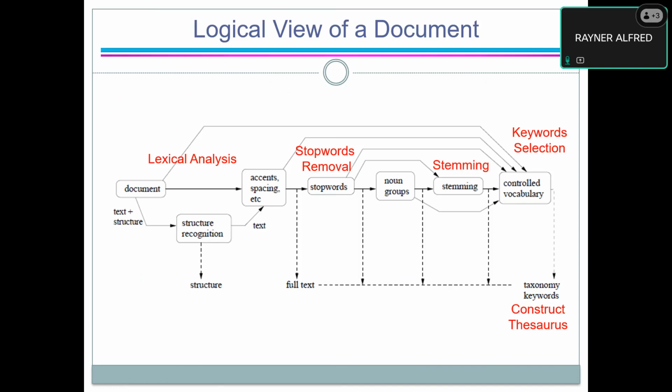So if you look at the whole process, each one of them will have a specific purpose, which is to finalize the term that will be used to represent the document. So these are very important. For example, for stemming, we are cleaning the data. For this one, we remove words which carry no meaning. So this one, we use the entropy, or we can use the Zipf's law.